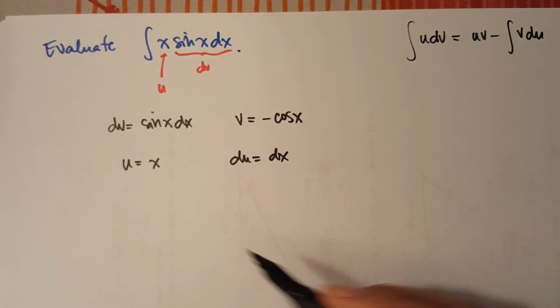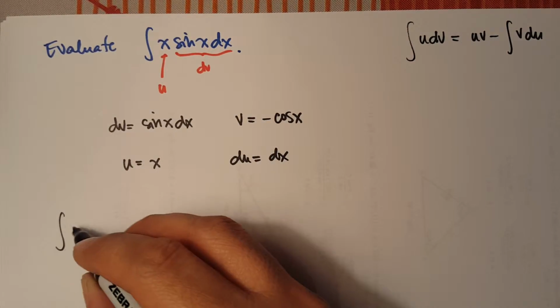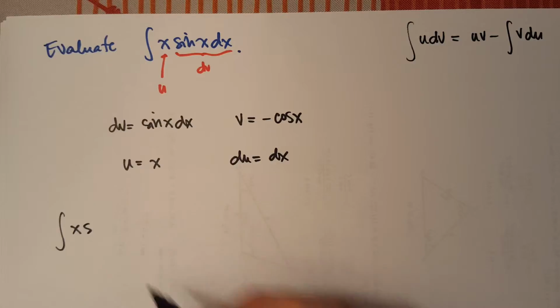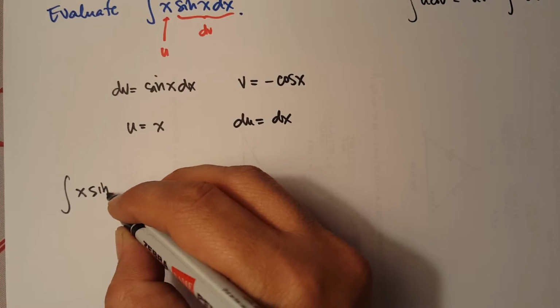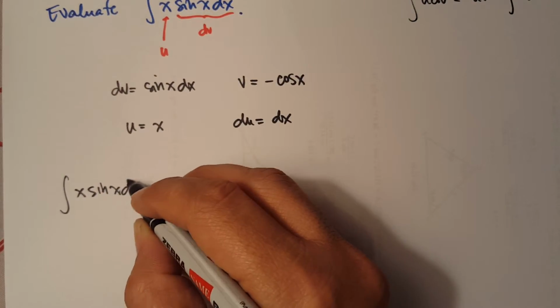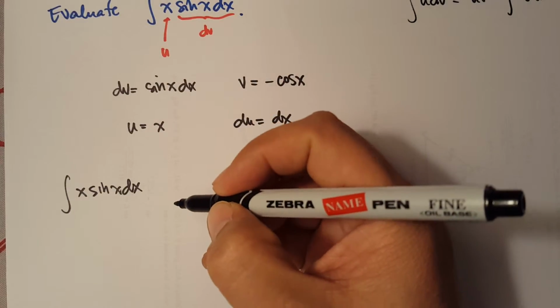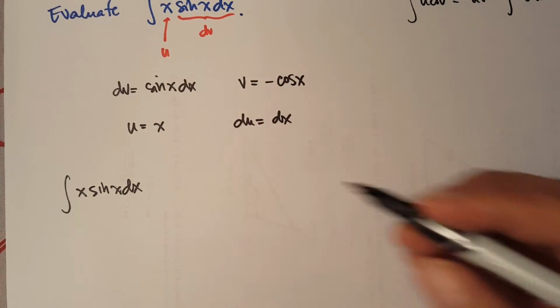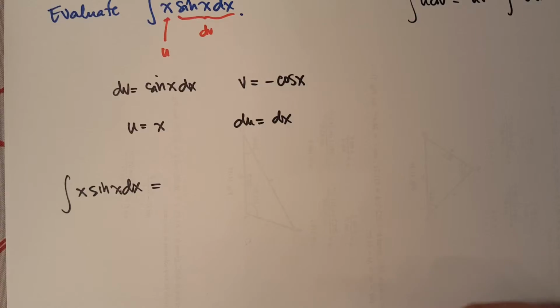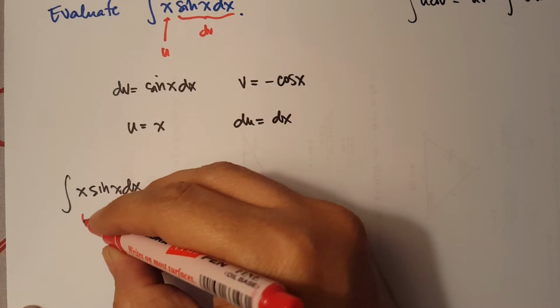Now let me just rewrite this. Remember, we're taking the integral of x sine x dx. So this is u dv.